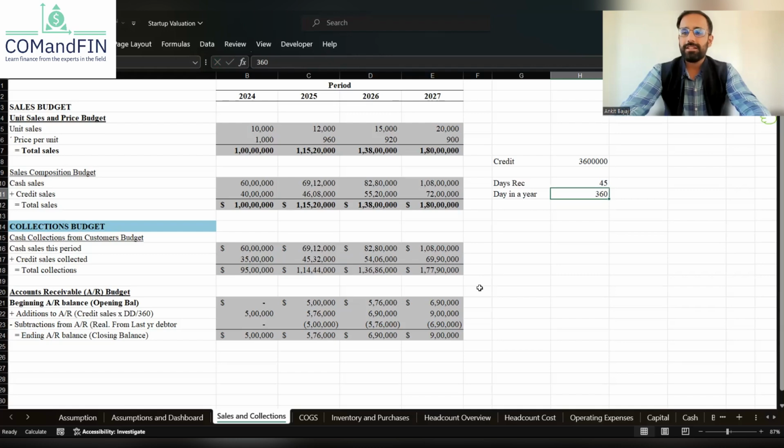So it means in 360 days, the company has sold goods worth 36 lakh on credit, right?